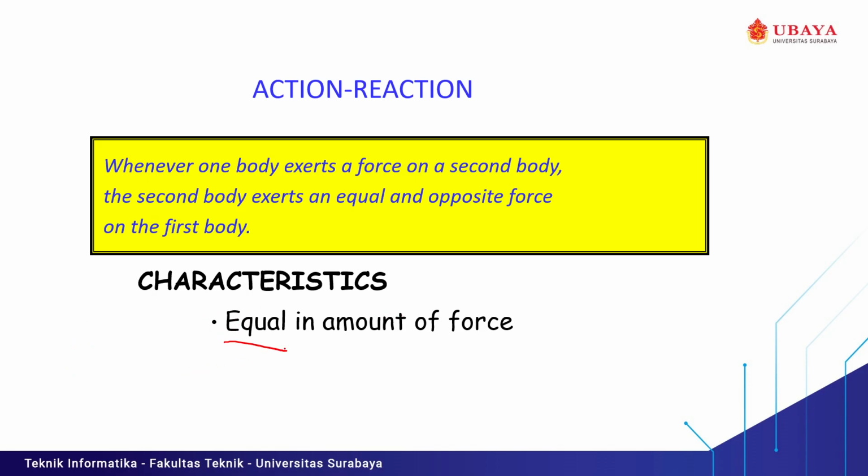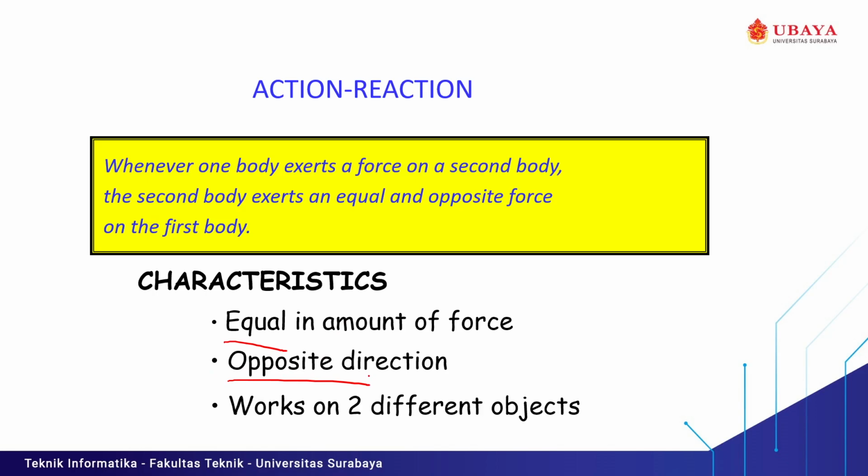It is equal in amount of force, but in the opposite direction, and it works on two different objects. Just remember the keywords: it's equal but opposite and works on different objects.